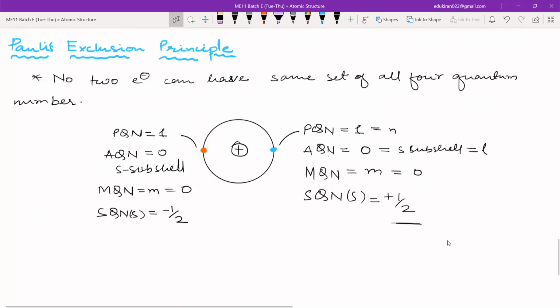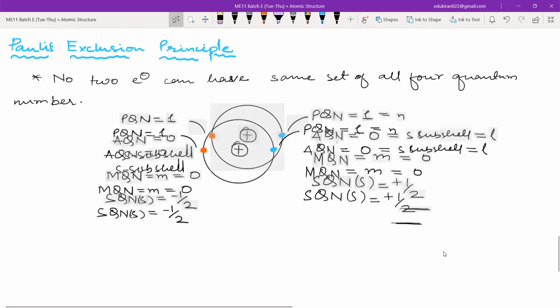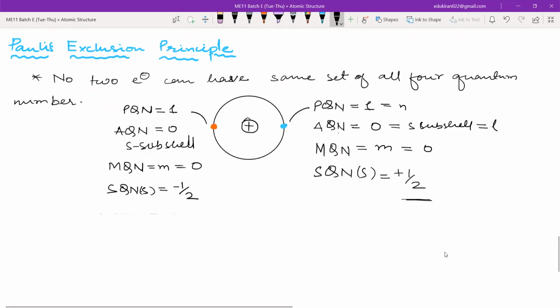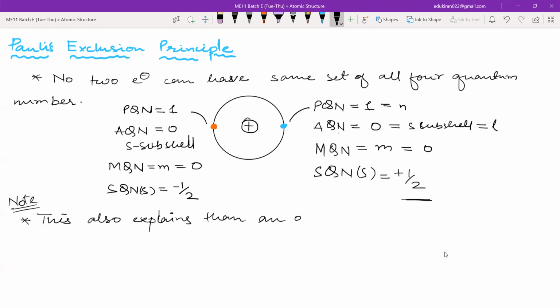Let me just get this a bit above so that I can have some space. Write it down and write a note. It's a very important note. This also explains why only two electrons can be present in a particular orbital. This principle also explains that an orbital, so which orbital?